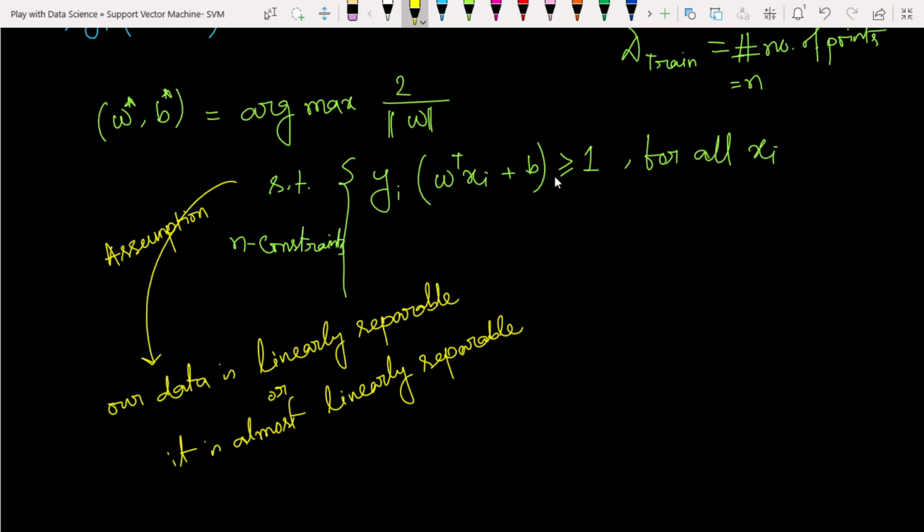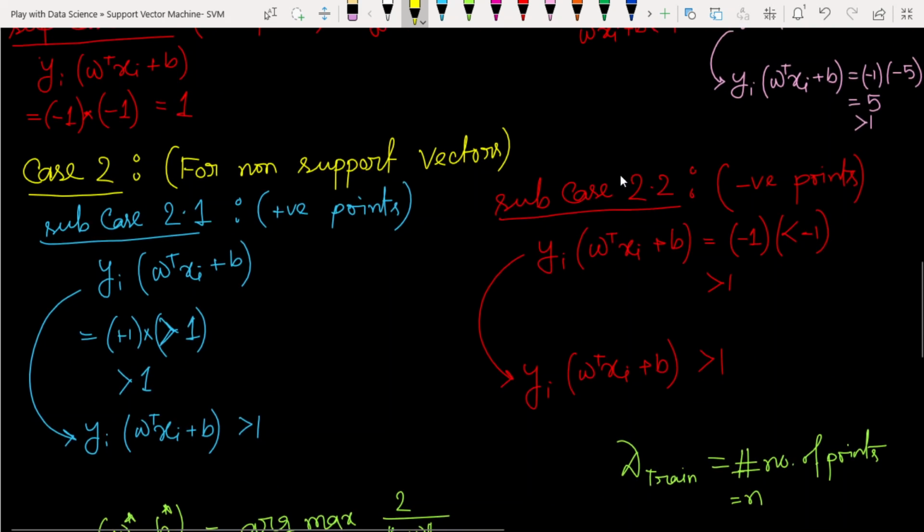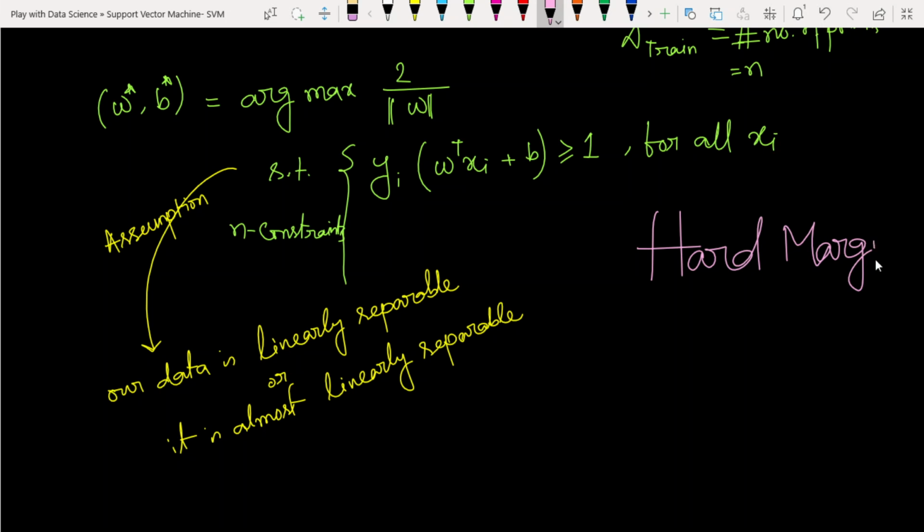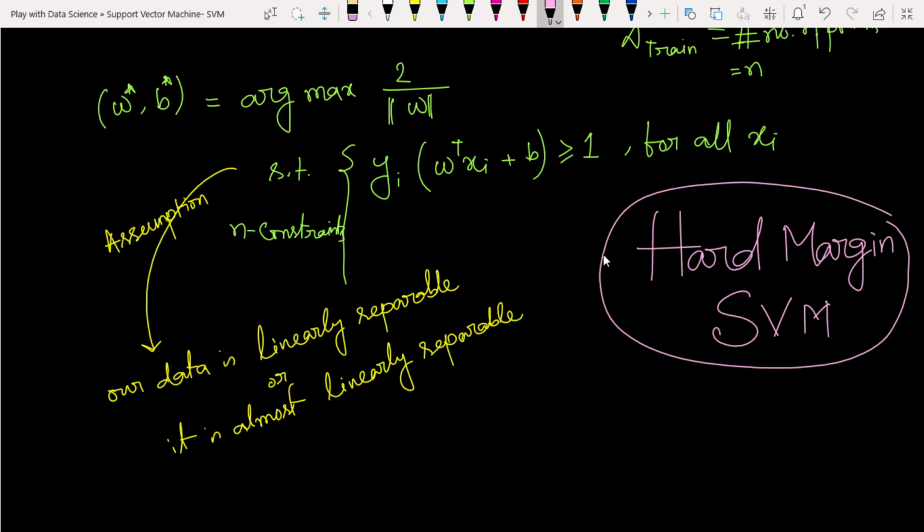So this kind of SVM mathematics, we call our hard margin SVM. Because if our data set is linearly separable or almost linearly separable, then this kind of optimization problem is called hard margin.